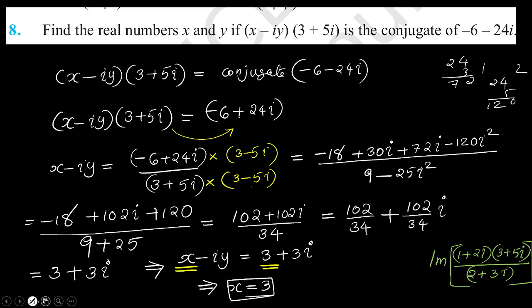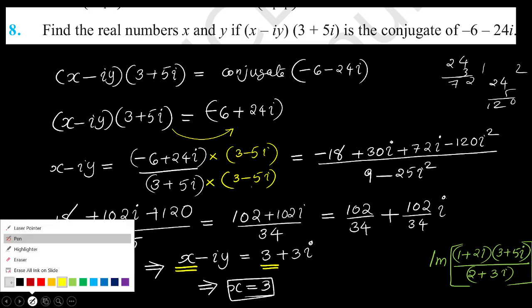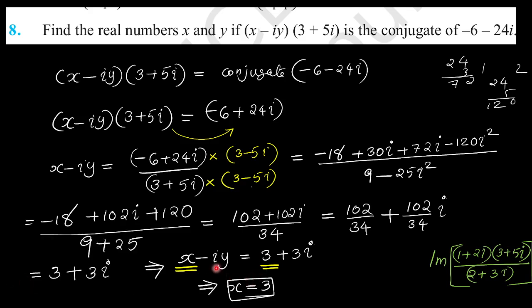And comparing the coefficient of i, or imaginary parts, on the left side the coefficient of i is minus y, and on the right side the coefficient of i is 3. Minus y equal to 3. Minus goes to the other side. Y equal to minus 3. Comparing left side and right side, we get the values of x and y.